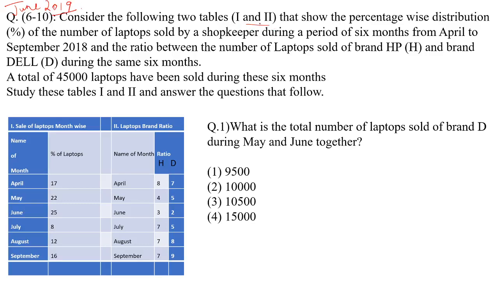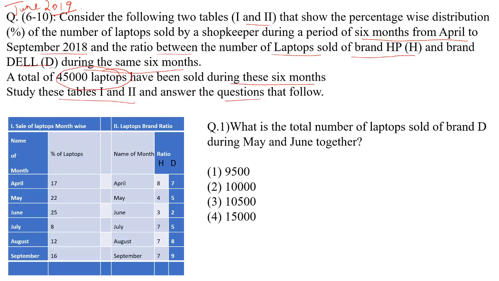Consider the following two tables that show the percentage-wise distribution of the number of laptops sold by the shopkeeper during the period of 6 months from April to September 2018, and the ratio between the number of laptops sold by brand HP and Dell, D here, during the same 6 months. A total of 45,000 laptops have been sold during these 6 months. Study tables 1 and 2 and answer the following questions.